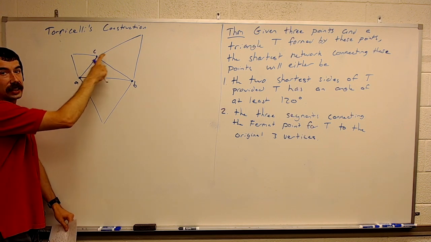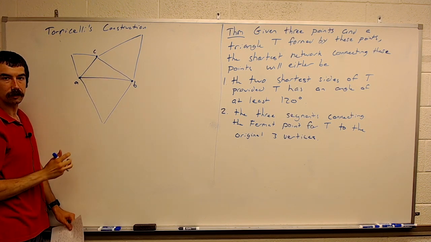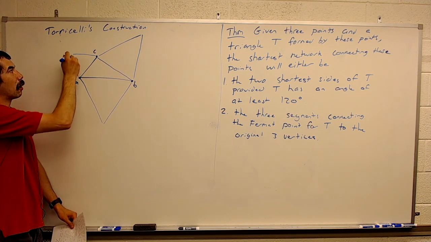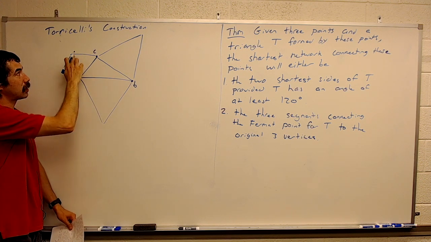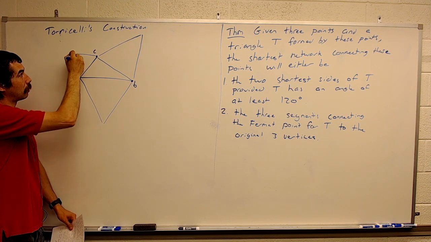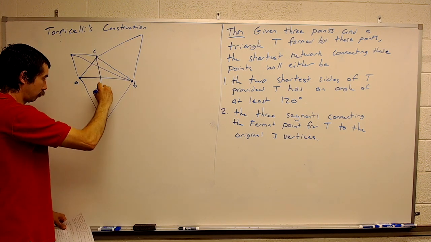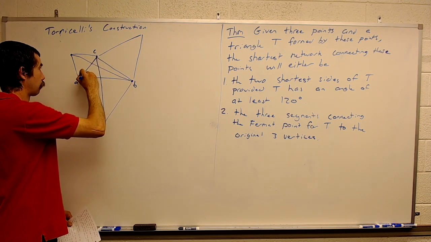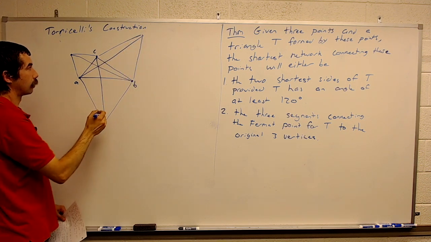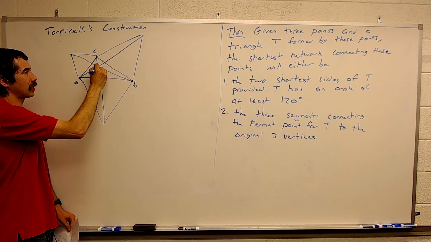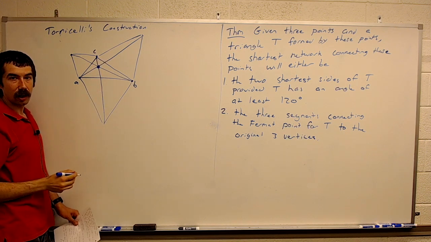All right, so these are each equilateral triangles. And now we're going to take opposite points and connect them with lines. Where these lines intersect, that's our Fermat point.